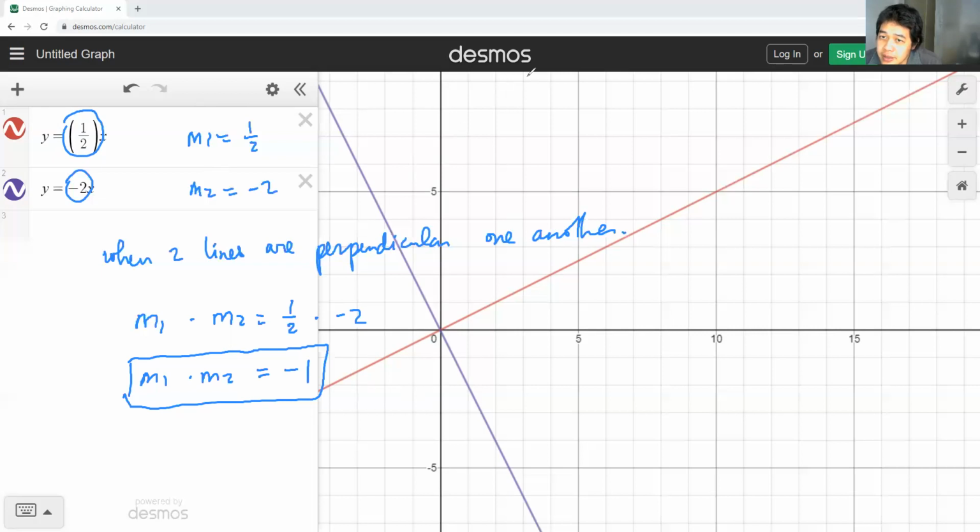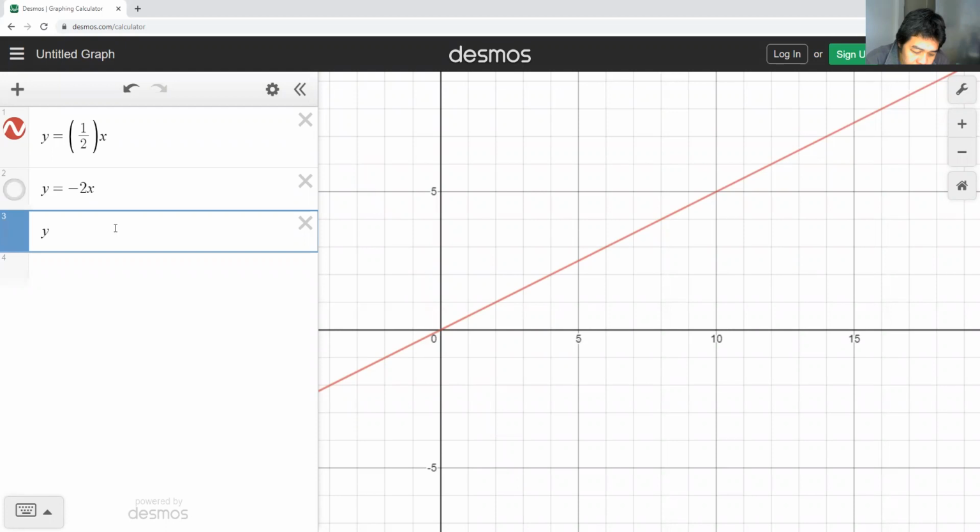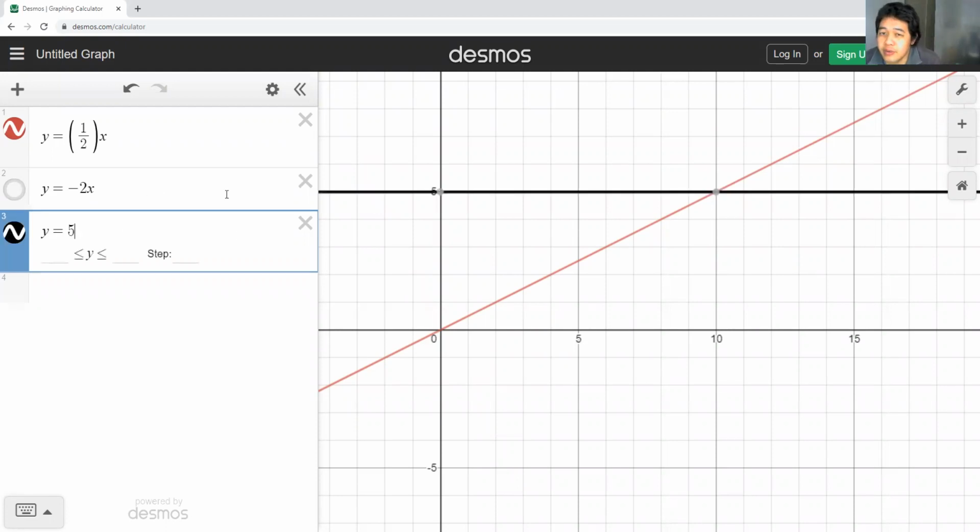For example, if I have now a line, y equals a value, so y equals 5. So you see, we have now a horizontal line. What happened here is we also have a line that has a slope equal to 0.